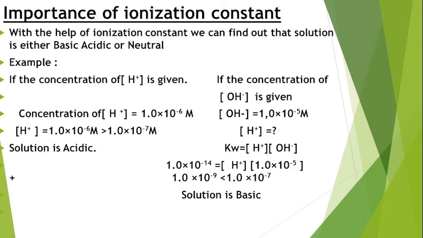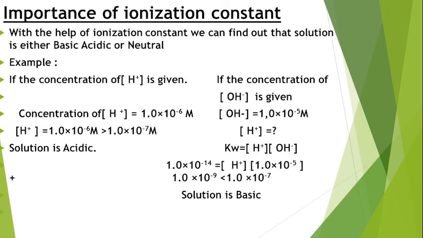In the second case, you see that the concentration of OH⁻ ion is given. In this case, we will determine that the solution is basic with the help of the formula, which is Kw equals the product of the concentration of H⁺ ion and OH⁻ ion.